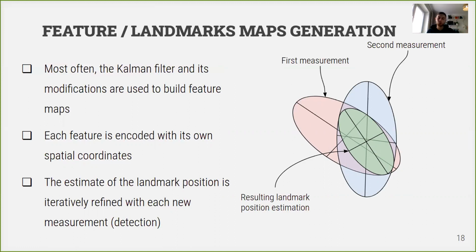We use a huge Kalman filter where there is a kind of small Kalman filter for each feature pose estimation. And in the end, we get the positions of every landmark we detected, and we construct a map from it. So this is how Kalman filter is used to build a map, not to localize a robot.